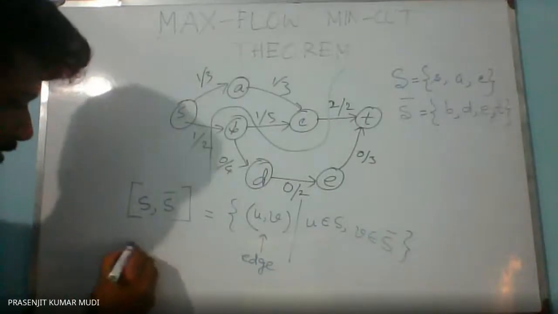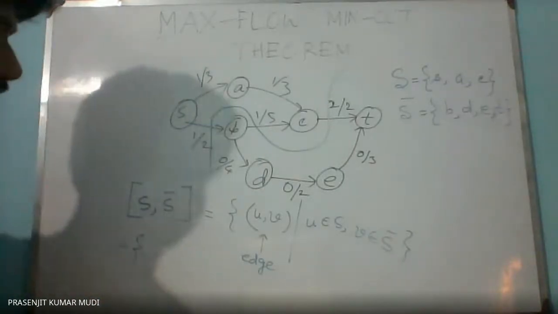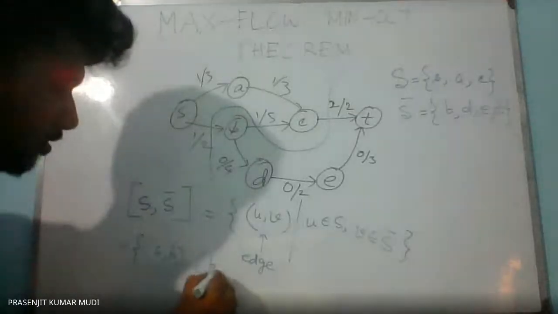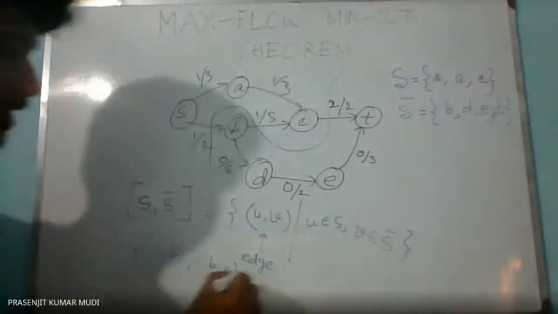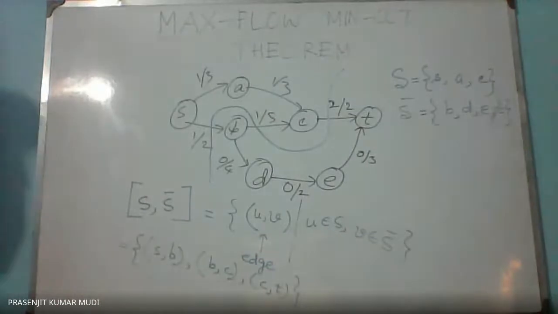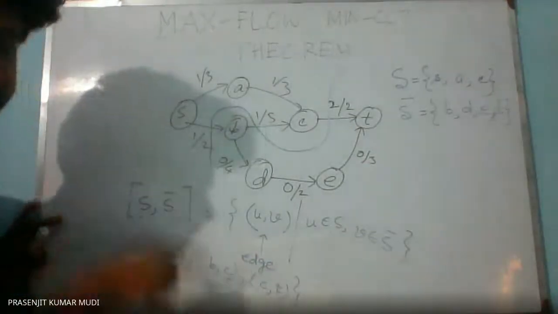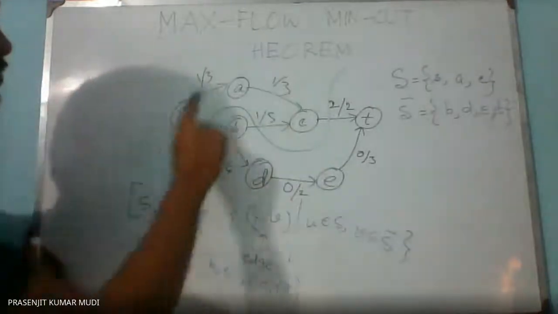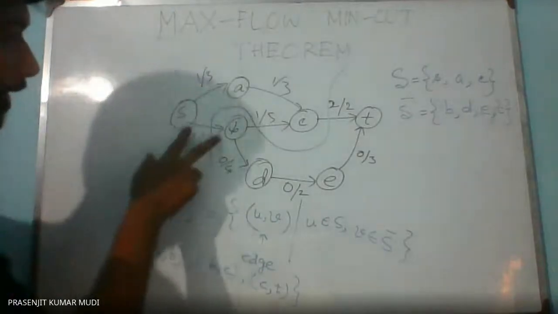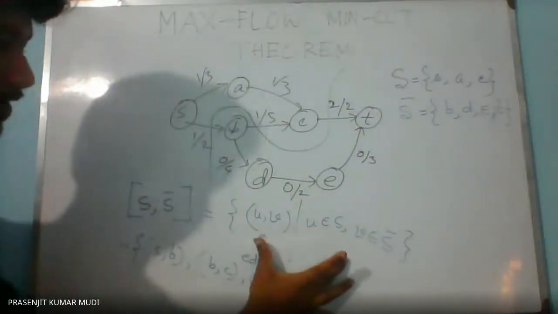So in this example, now tell me what are the edges which will be present in this cut? A comma B. Yes, S comma B, and then B comma C, বি কমা সি, then C comma T. Okay, and these are all ordered pairs because it's a weighted graph. Direction matters, right? So you can verify this from the definition.